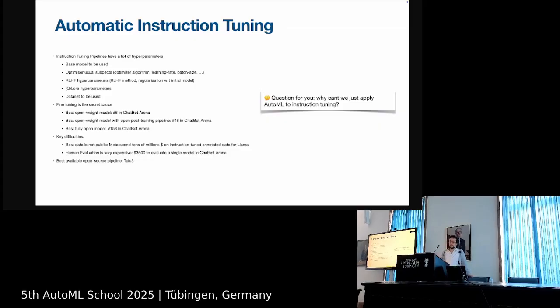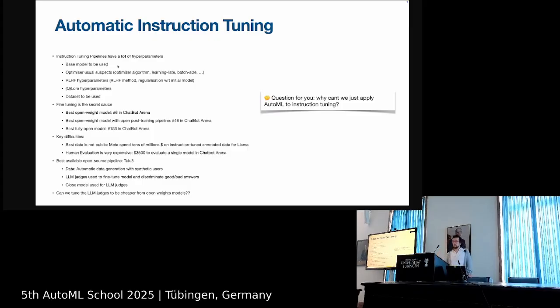But for instance, if we take the best available open source pipeline, which is 46 in Chatbot Arena, Tulu 3, what they did is, the data is not public, but they generated a lot of synthetic data. And for the evaluation, they used an LLM as a judge. But they used a closed model, and I don't remember the cost, but I think they spent a few tens of thousands of dollars on this LLM judge, because they call GPT-4 and it's expensive.